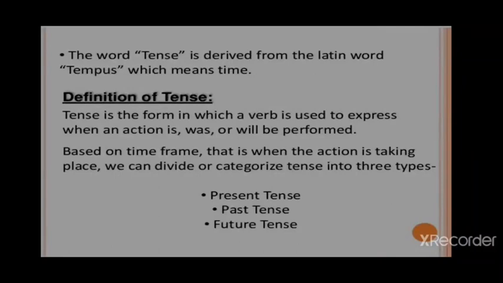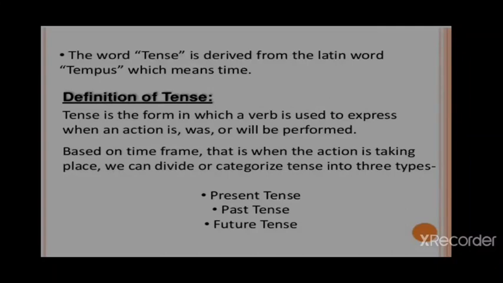Tense means time. The definition: tense is the form in which a verb is used to express when an action is, was, or will be performed. That means in a sentence, a verb is used to express when an action happens, happened, or will happen.